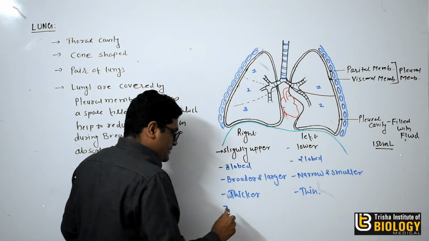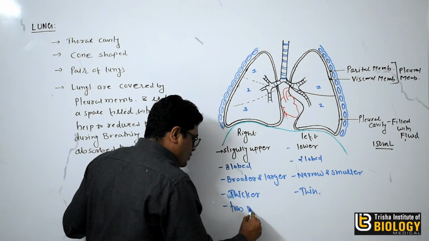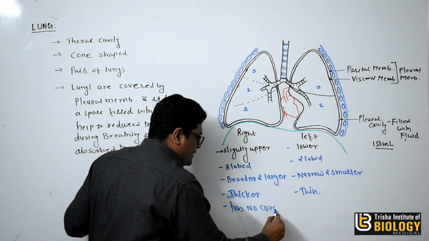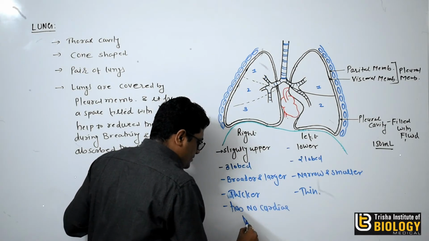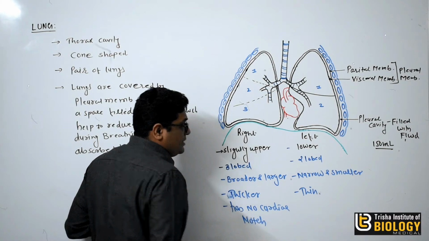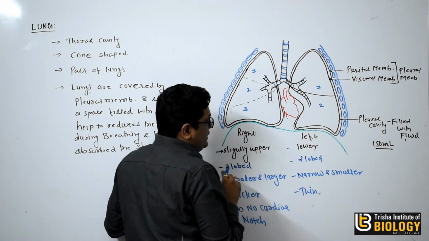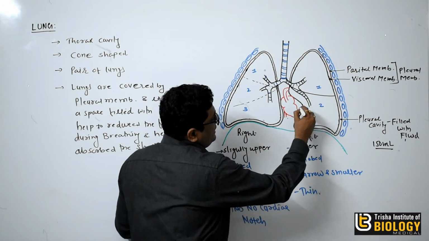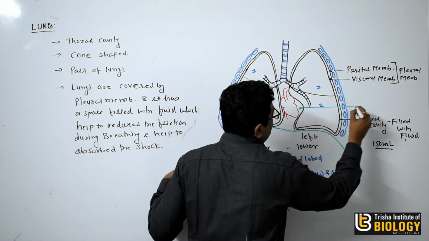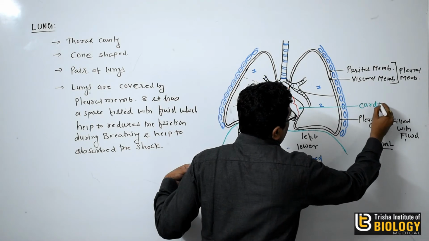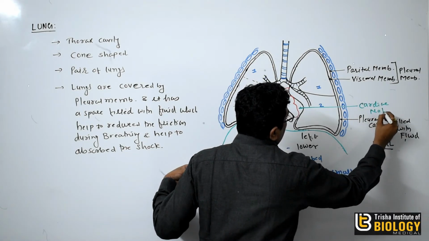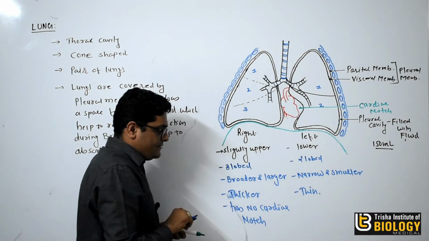The right lung has no cardiac notch. The cardiac notch is present only in the left lung, where the heart is present.